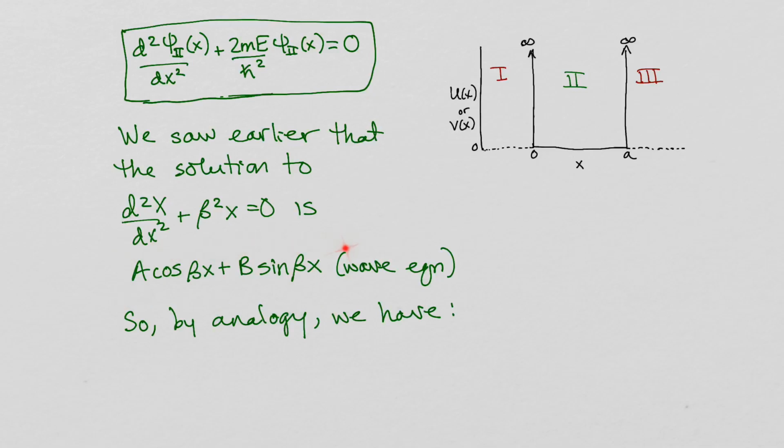So we know that the general form of our HLDECC solution is A cosine beta x plus B sine beta x.